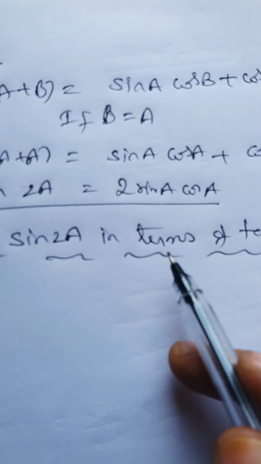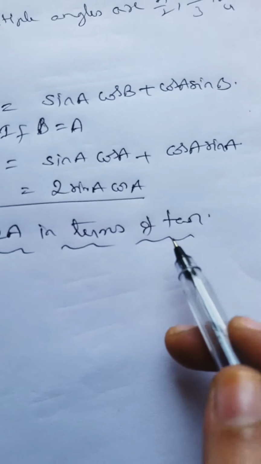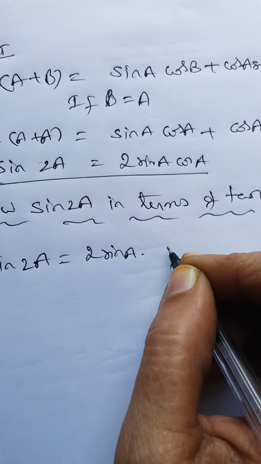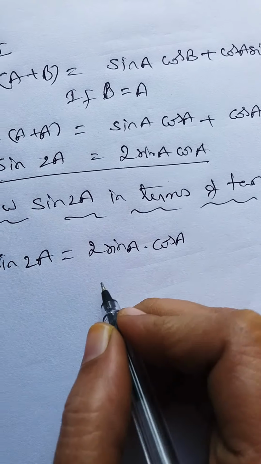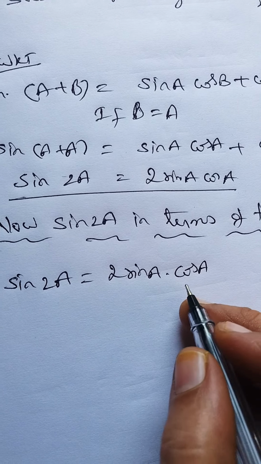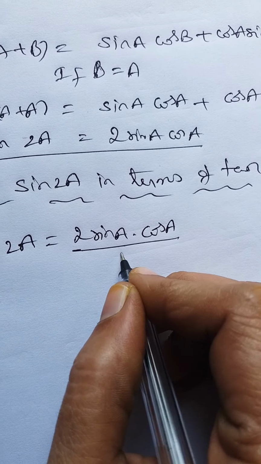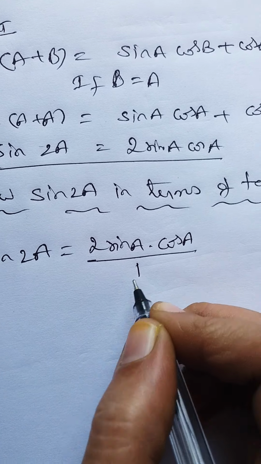Now, sin 2A value in terms of tan. Just now I told you sin 2A value is 2 sin A into cos A. So, to find sin 2A in terms of tan, keep this 2 sin A cos A divided by 1.